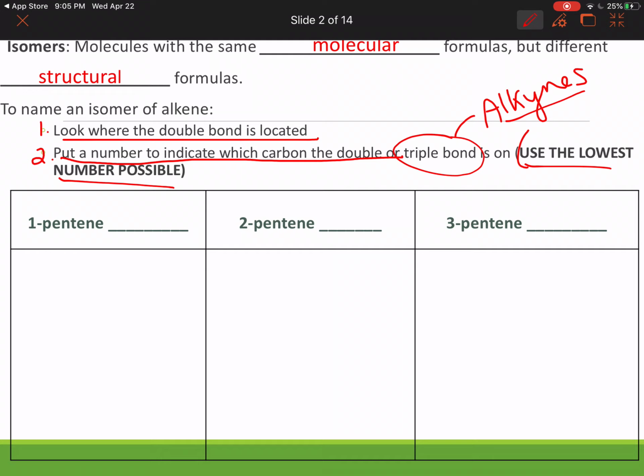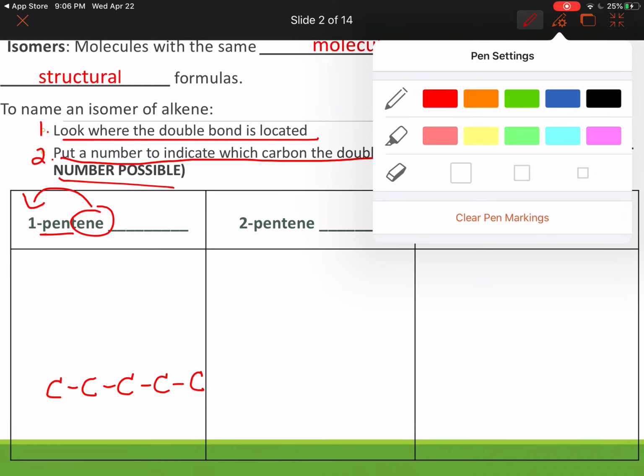Okay, so let's start with our first example, 1-pentene. This should be a little bit of a review. Pent means 5 carbons, so we're going to do 1, 2, 3, 4, 5. And ene means we're going to have a double bond. Now you'll notice there's a 1 here. That means we're going to start numbering our carbons.